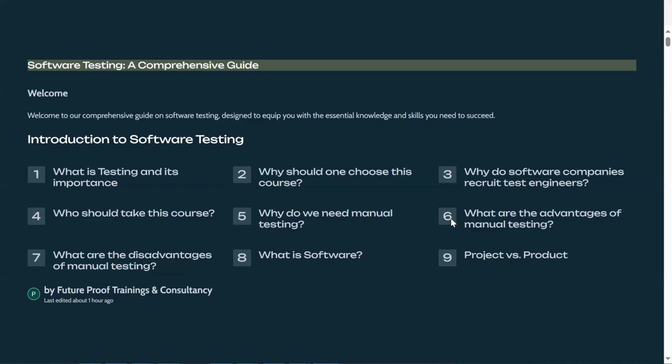What else? The other advantage is real user interaction. Testers interact with the software like real users, helping to identify usability and user interface issues. Every day you are accessing some applications.